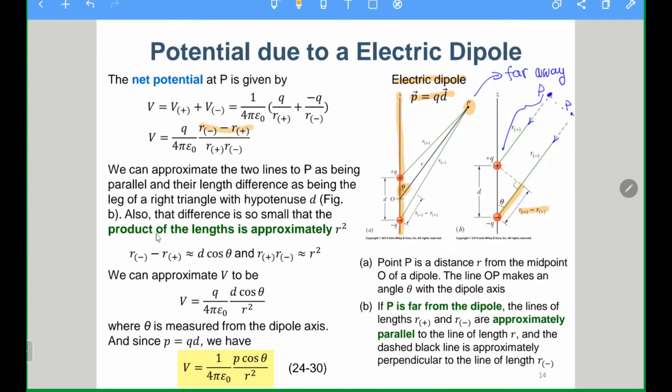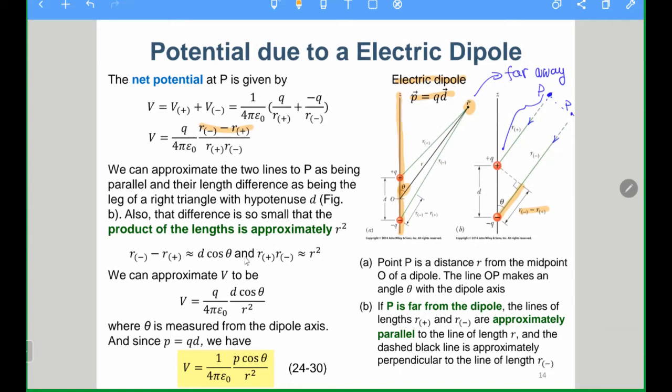So here R minus minus R plus should be D times cosine of theta, since cosine of theta is this side divided by this side. So R minus minus R plus is approximately D times cosine of theta.